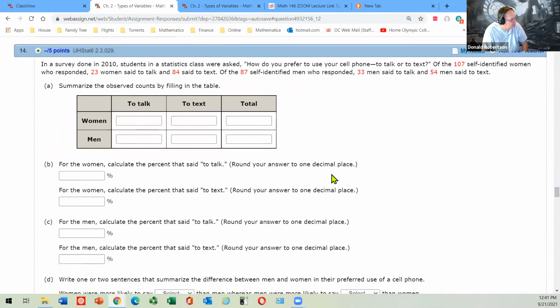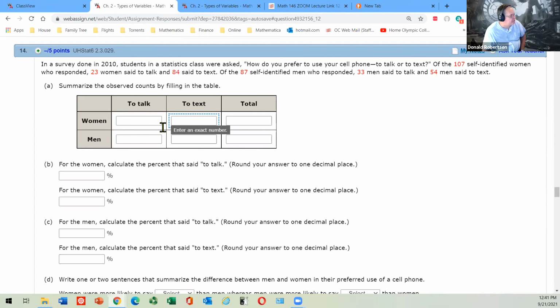Okay, let's do 14 as our next one. Oh God, time shoots by when you're enjoying yourself. In a survey done in 2010, students in a stats class were asked, how do you prefer to use your cell phone, to talk or to text? Of the 107 self-identified women, so that is the data that's going to go here and here, right?